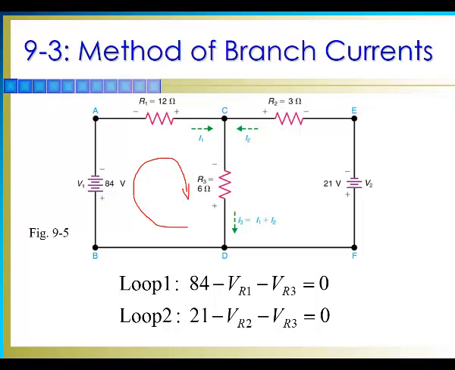Now we follow the direction of the current on loop 2. If we go in this direction, counterclockwise, we're going to be entering the positive side, so we'll say 21 minus the voltage on resistor 2, or VR2, and then minus VR3.